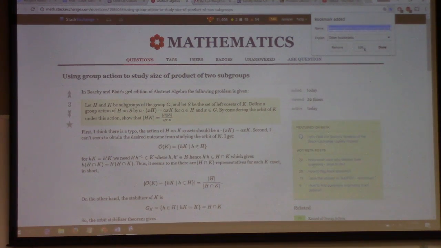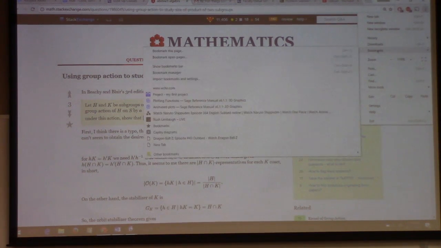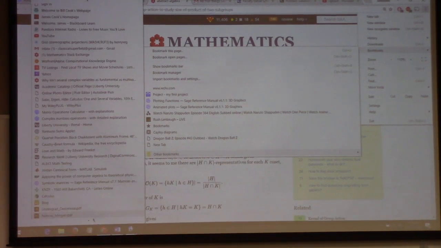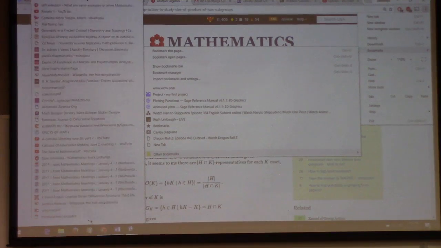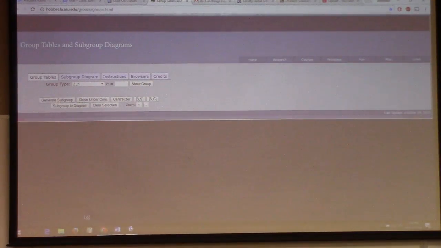No, I don't want to do that. Nope, go away. I've got too many bookmarks. Sea of Red, have you guys seen that? Okay.